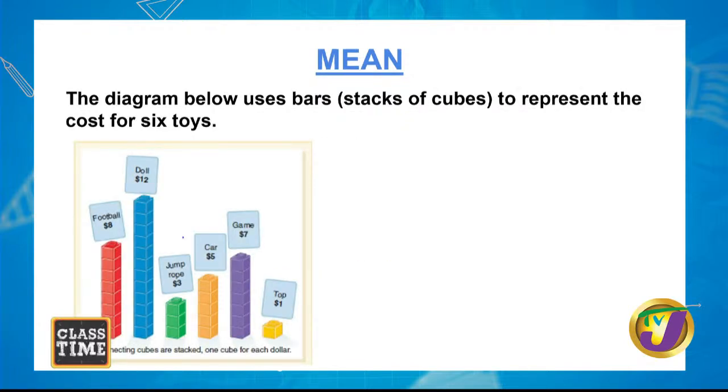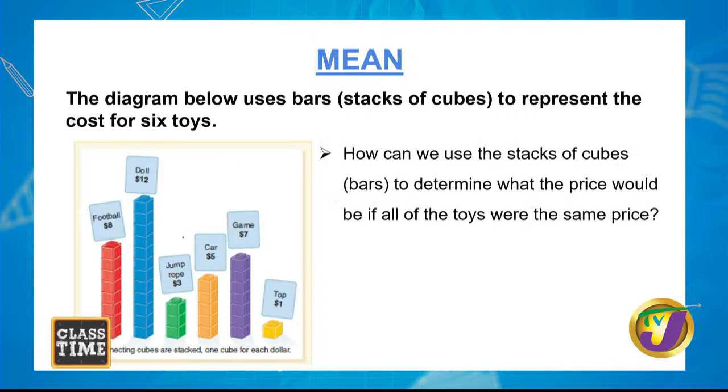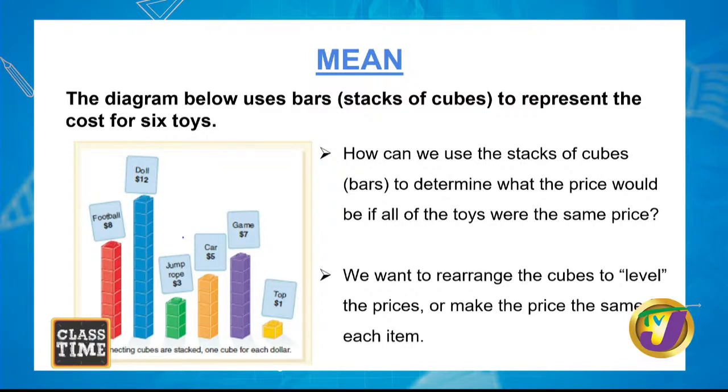This diagram below shows bars, which represent the cost of 6 toys. How can we use the stack of cubes to determine what the price would be if the toys were of the same price? We want to rearrange the cubes to a level price, or make the price the same for each item.